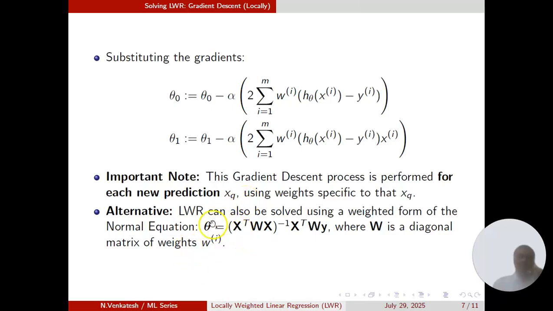That is, we can directly calculate theta as (x transpose wx) inverse into x transpose wy, where w is a diagonal matrix of the weights. So one way is an iterative method like gradient descent, where for each prediction point you calculate the theta naught and theta 1 which minimize j of theta naught, theta 1. The other method is using the normal equation.